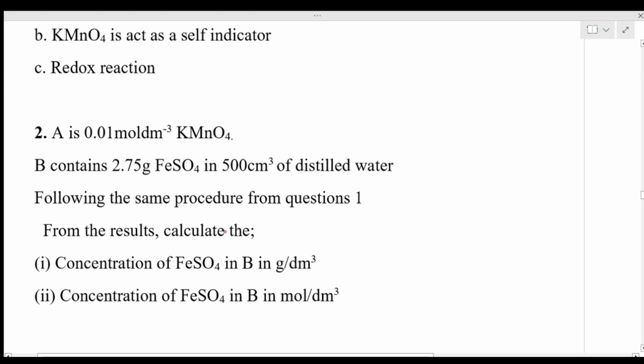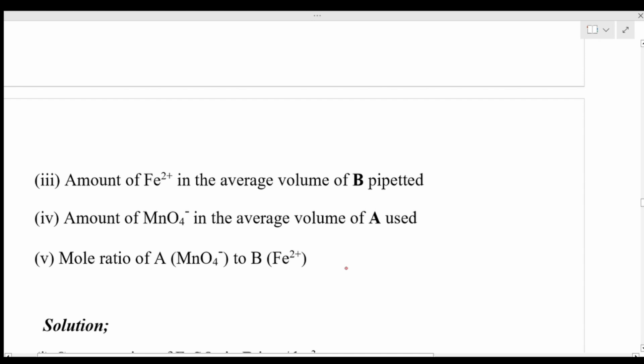Now, from this, using the same procedure, titration and so on, you get your calculated value. Let's use that one as our case study. So we have to calculate from our result the concentration of FeSO4 in B in gram per dm³, and the concentration of FeSO4 in mole per dm³, and the mole ratio of your oxidizing agent to your reducing agent, which is A and B. I love this practical.